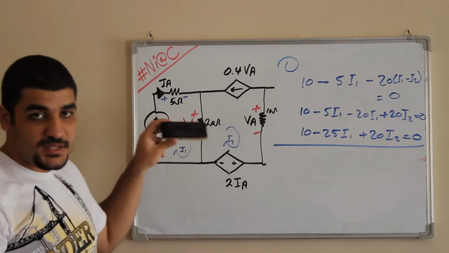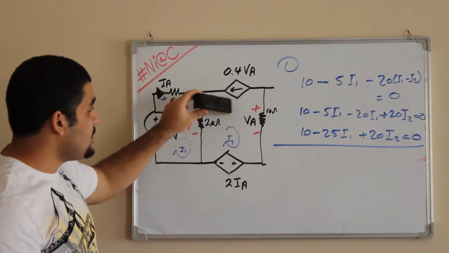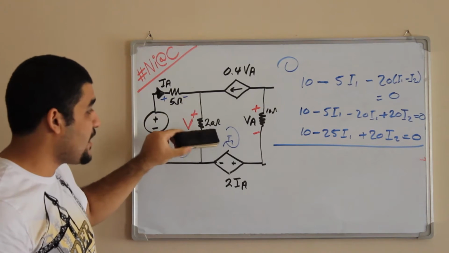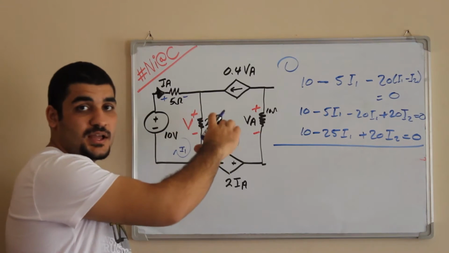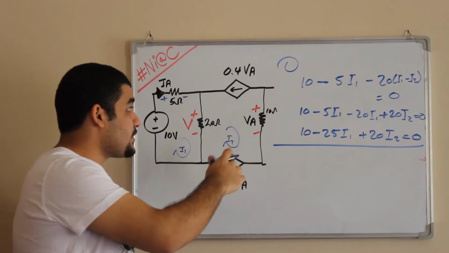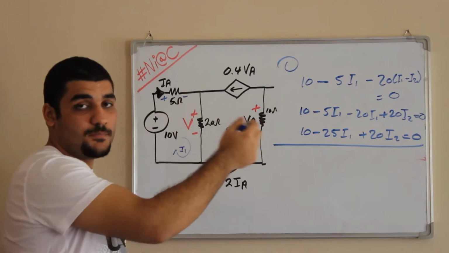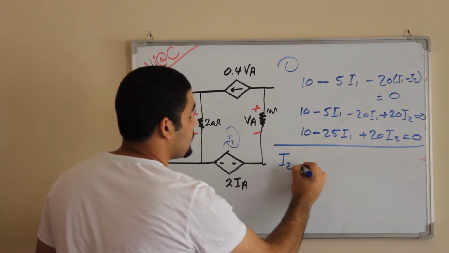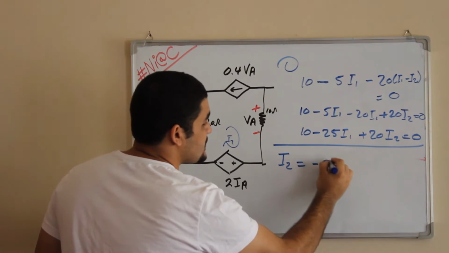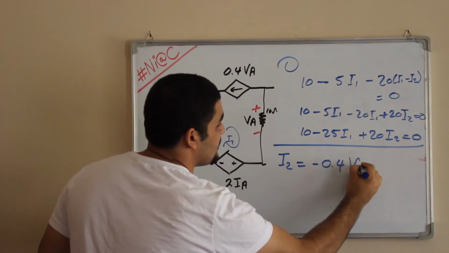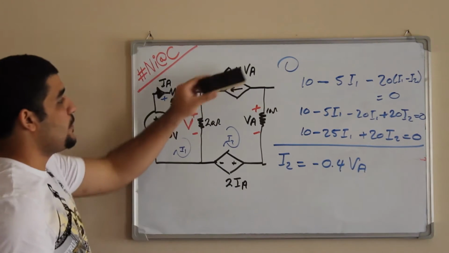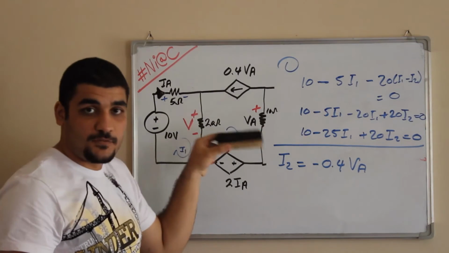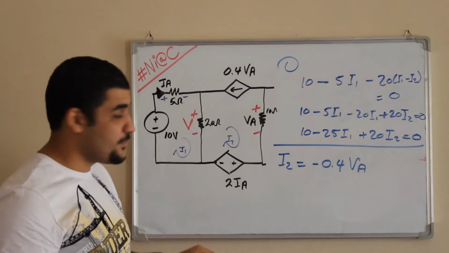Now, moving to the second loop, you can see here that you have a dependent current source, and you have the I2. The I2 arrow is in clockwise direction, and this current is opposing it. So I2 is equal to minus 0.4 VA. Where is VA? Here is VA. What is the value of VA over the 10 ohm resistor?